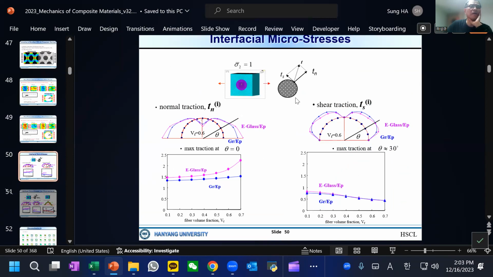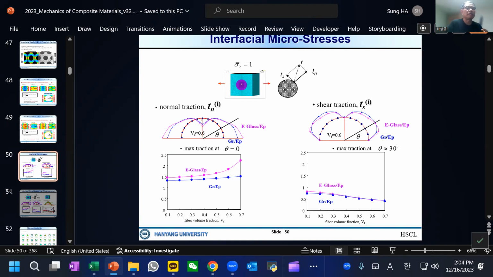Under tension, along the interface there is always a normal stress and a shear stress, right? And also another shear stress along the fiber. This shear stress and normal stress we can obtain from FEM. As you can see in the transverse direction, the shear stress can be higher at a certain angle, like 30 degrees.